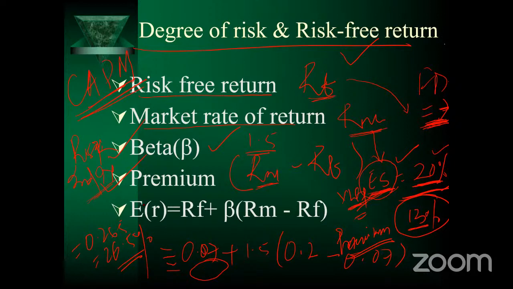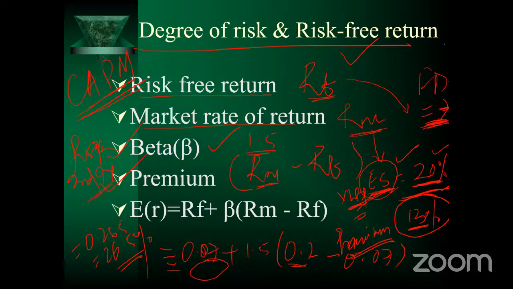So to calculate the expected return, RF is 7%, which we write as 0.07. Yes sir. Plus beta coefficient is given, that is 1.5, multiplied with premium. Premium is 13%, that is 20%, meaning 0.2, minus 7%, meaning 0.07. If we subtract, we get 13%, that is 0.13.